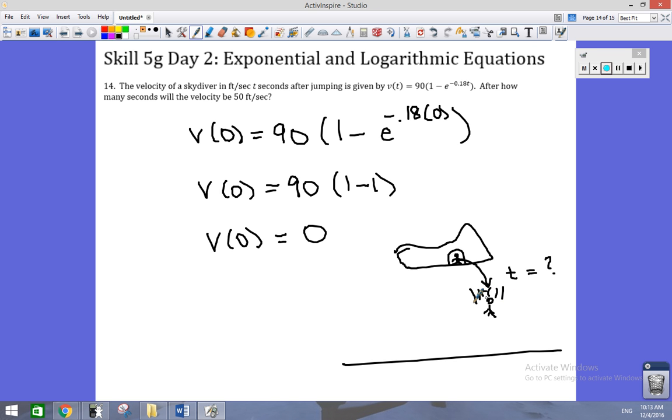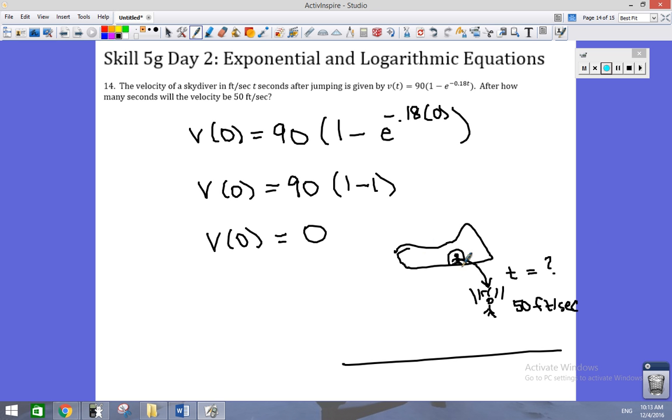That's falling really fast at 50 feet per second. Will it be 1 second after we jump, 2 seconds after we jump? Does it take 10 seconds to get up to 50 feet per second? How long does it take? Well, that's what this function allows us to do.